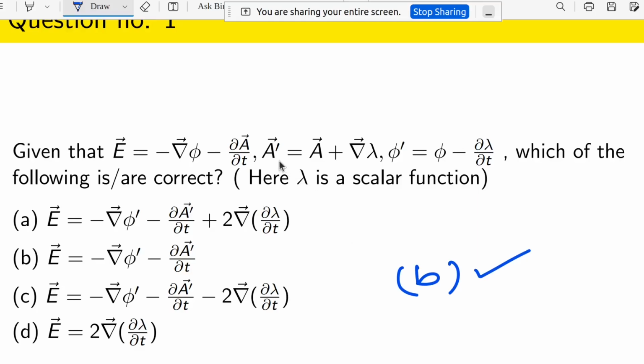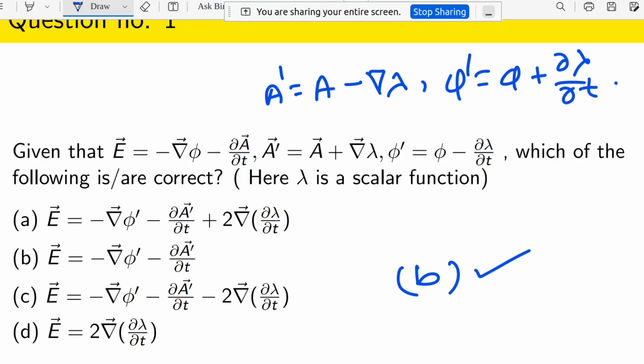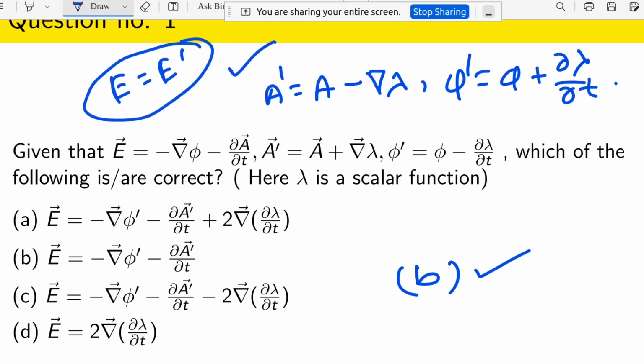You can see this one, that A prime is this one, phi prime is this one. If I also write A prime is A minus grad lambda and phi prime is phi plus del lambda del t, then also it comes out as E equals E prime. That you can check by yourself. Actually in the previous class also we discussed that one.